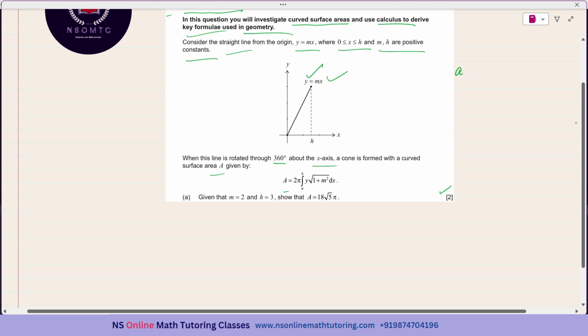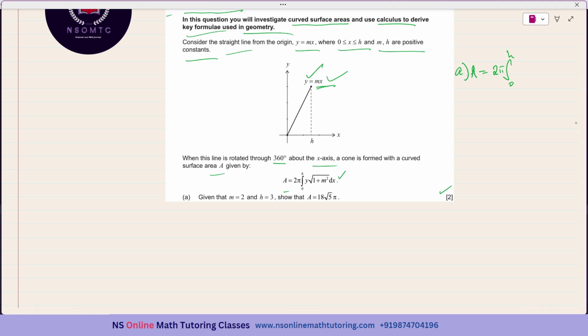So E is equal to 2 pi times the integral from 0 to h of y, and in place of y I can write mx, because we are integrating with respect to x, so the expression should contain x.